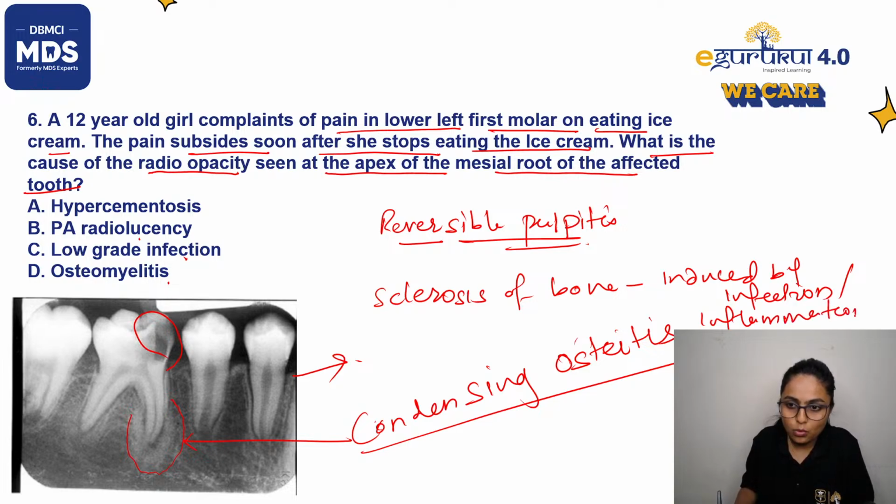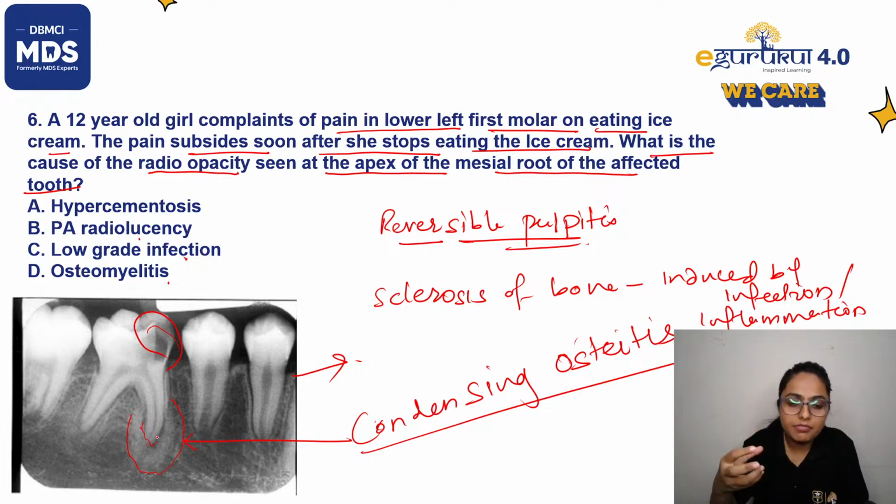Since there is a caries, the irritants from this infection will cause bone resorption apically. It is called rarefying osteitis. What is rarefaction? It is bone resorption. And surrounding it, there is a radiopacity.